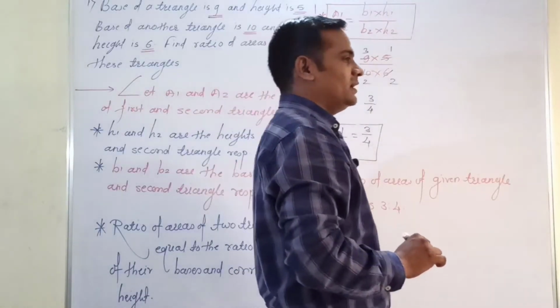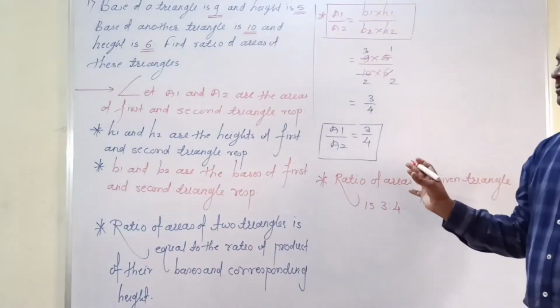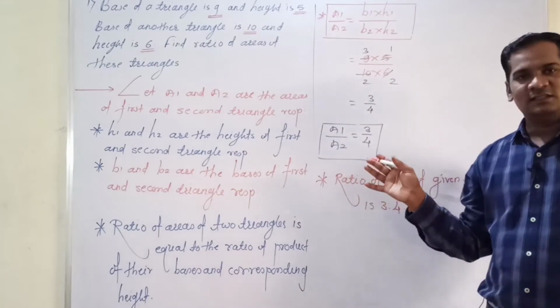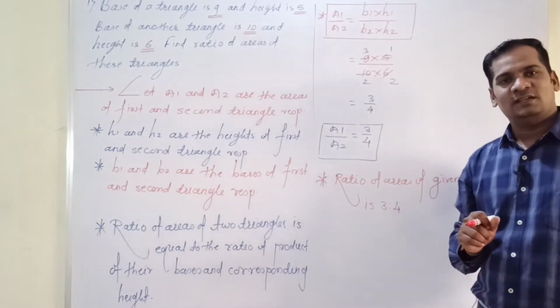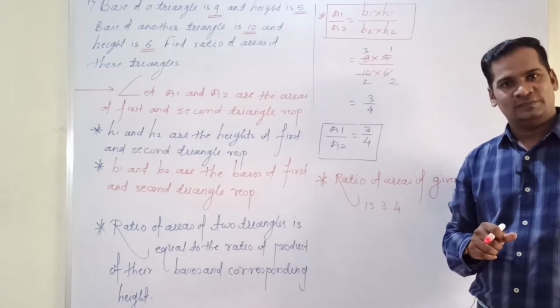In this way we can easily complete example number 1. If you want to take a screenshot of this, you can take it right now. So let's move to question number 2.